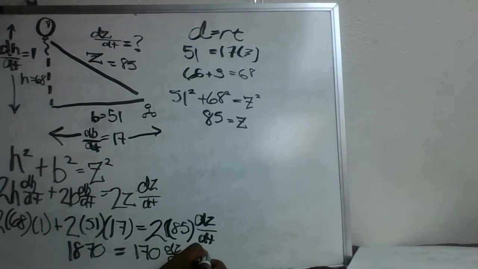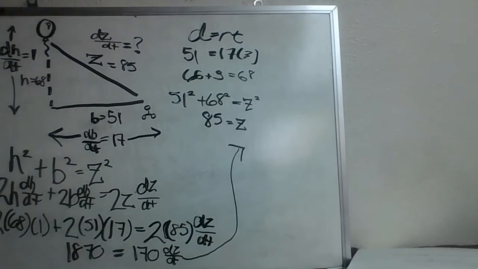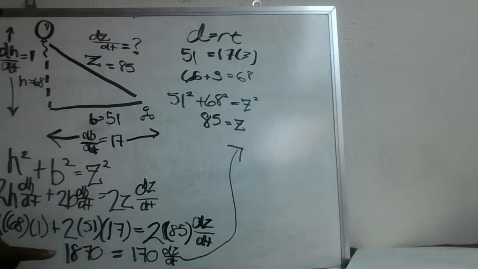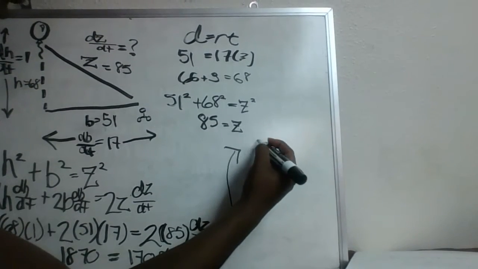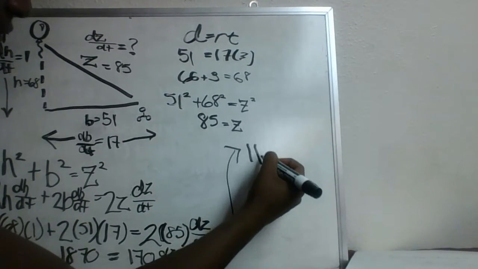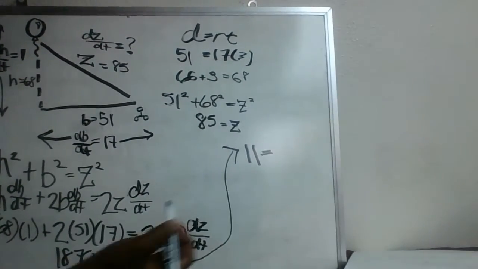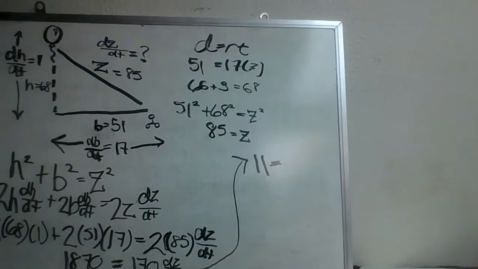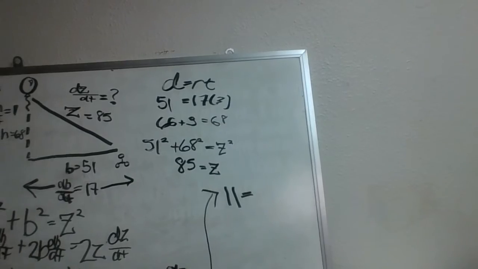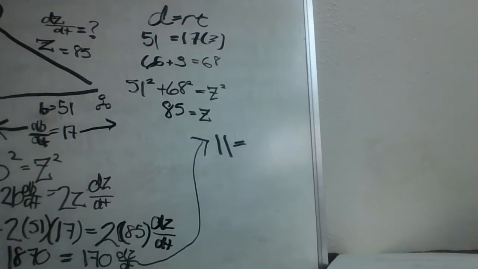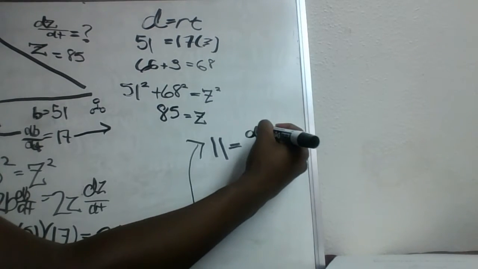I'm just going to bring this over here. So I just do 1,870 divided by 170, and this is going to give us 11. So 11 equals dz over dt.